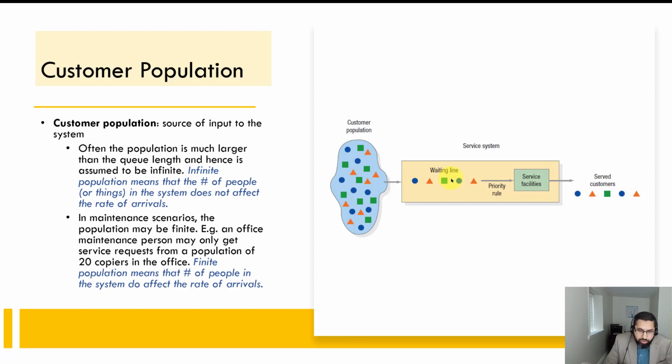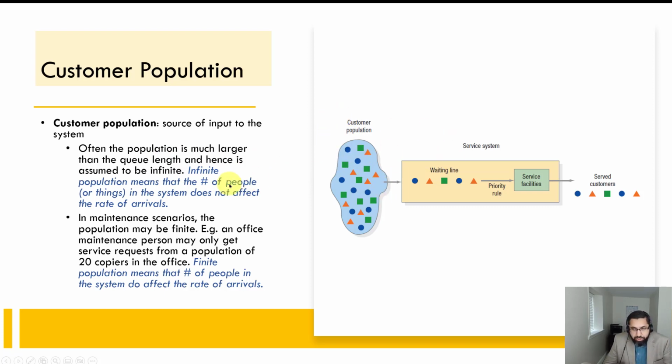So in some maintenance scenarios, when you only have a few pieces of equipment and you're looking at how many pieces are queued up for maintenance, you may have to assume a finite population, because you're only serving equipment within one building. But in most scenarios, the infinite population assumption is correct.